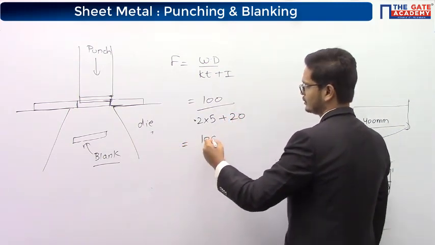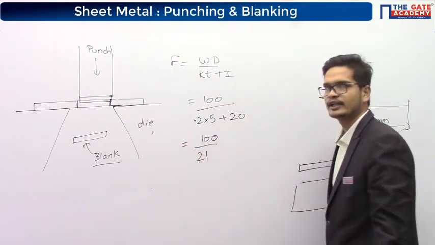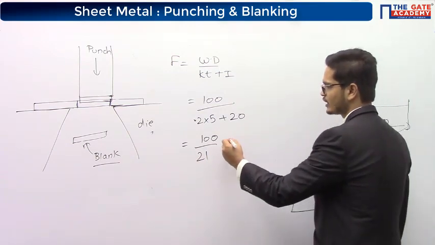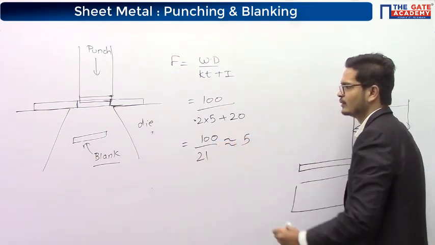So it is 100 by 21. It will give you the answer approximately as 5. But this is wrong.